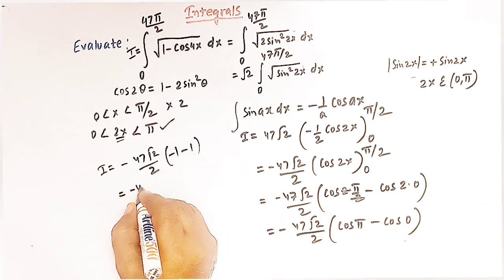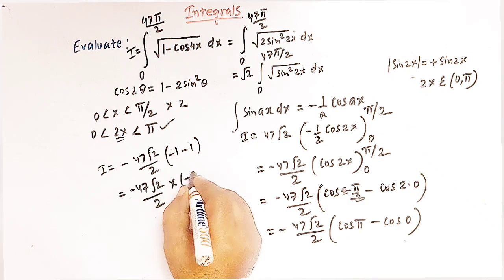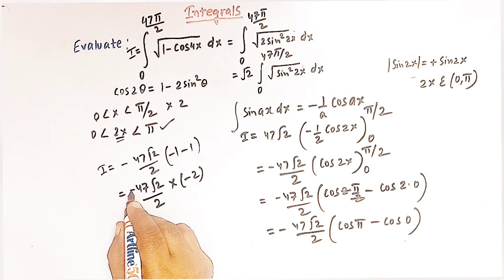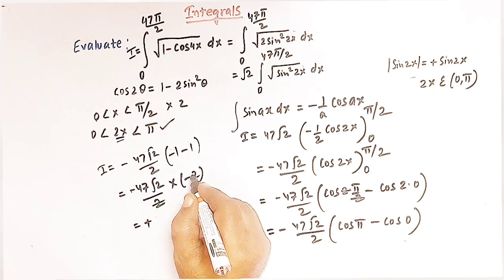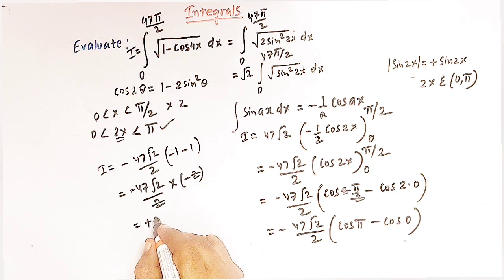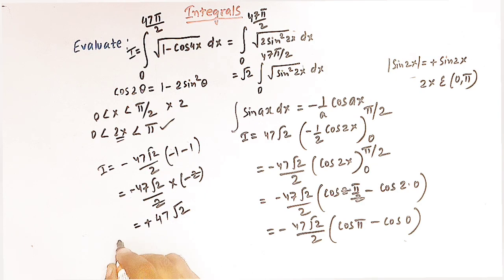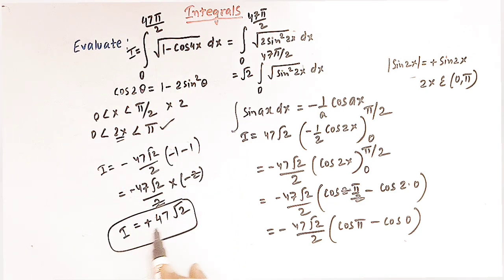So this is minus 47 root 2 over 2 times minus 2. Minus 1 and minus 1 becomes minus 2, so minus and minus becomes positive, and this 2 and this 2 get cancelled. So we are left with only 47 times square root of 2, right? So viewers, the value of this integral is given by 47 times square root of 2.